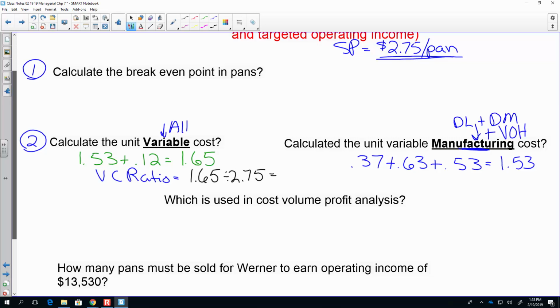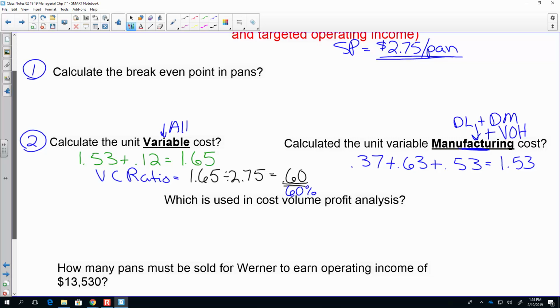Brianna, what is that amount you have in calculation? 0.6. And how do I convert a decimal to a percent? Move the decimal place 2 places. So as a percent, this is 60%.